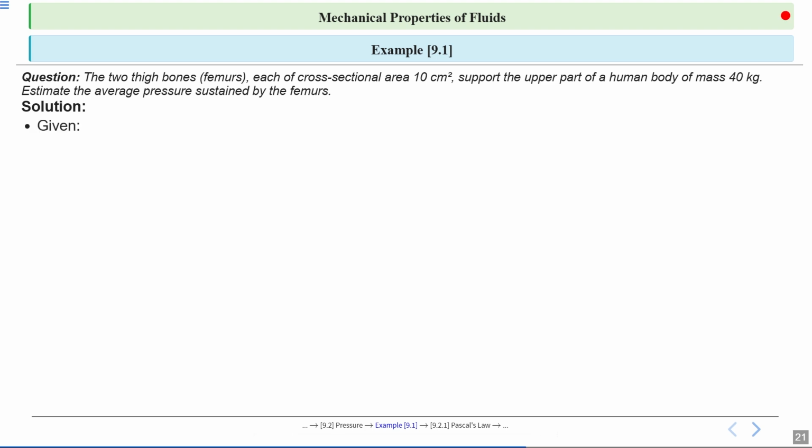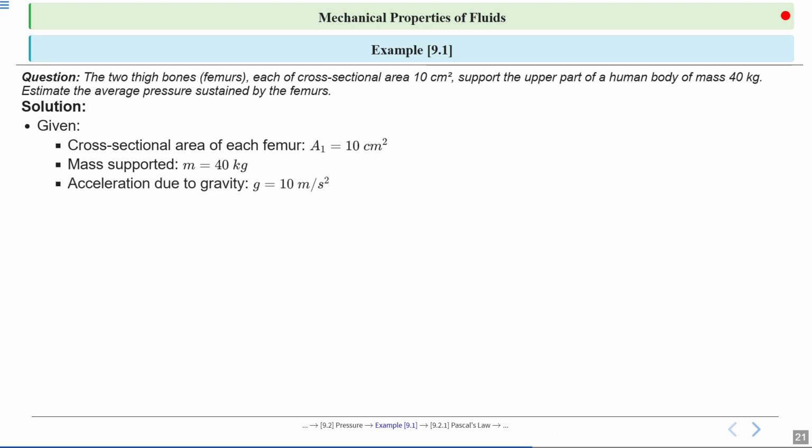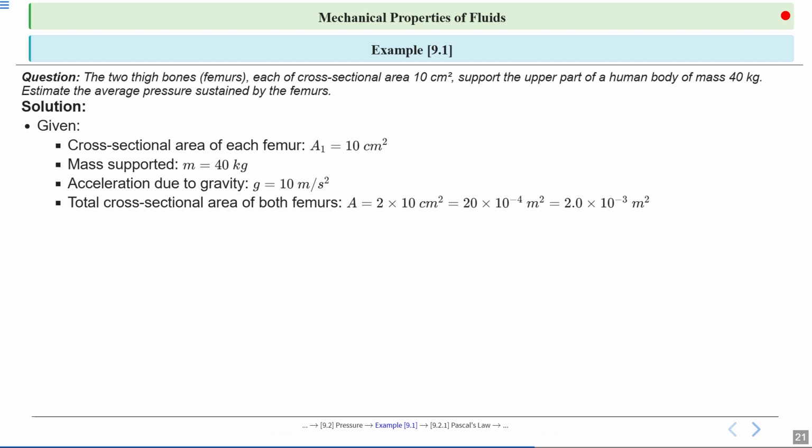So let's begin by identifying the given information. Cross-sectional area of each femur, A1 equal to 10 centimeter square. Mass supported, M equal to 40 kg. Acceleration due to gravity, 10 meter per second square. Total cross-sectional area of both femurs, 2.0 × 10^-3 meter square.